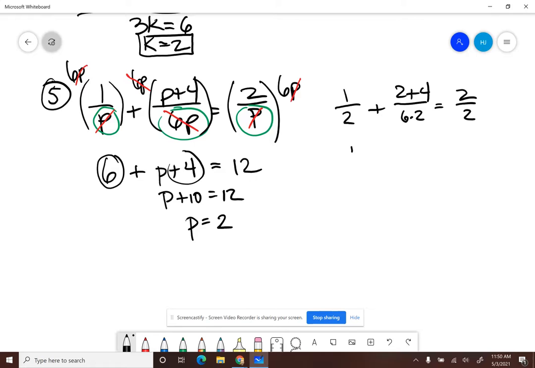So let's just do some simplifying here. 2 plus 4 is 6. 6 times 2 is 12. So I've got 6/12, which actually simplifies to 1/2. So 1/2 plus 1/2 equals 2/2 or 1.